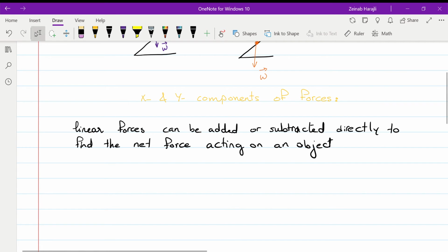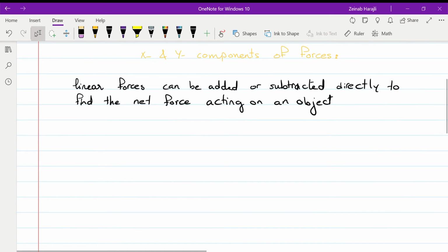While if the forces are not linear, we will not be able to add them or subtract them directly. So first, let's see an example.